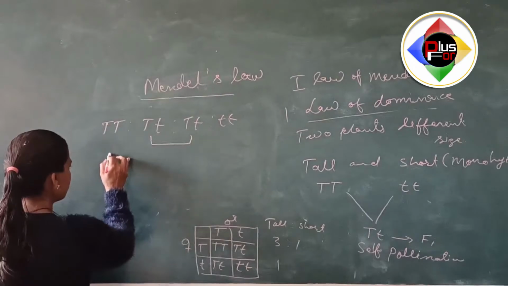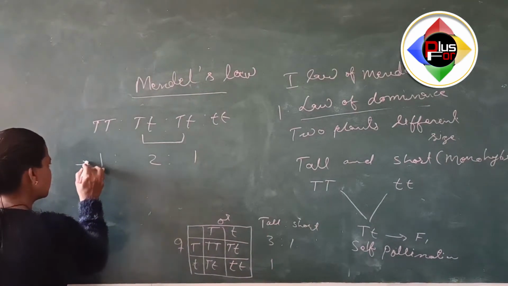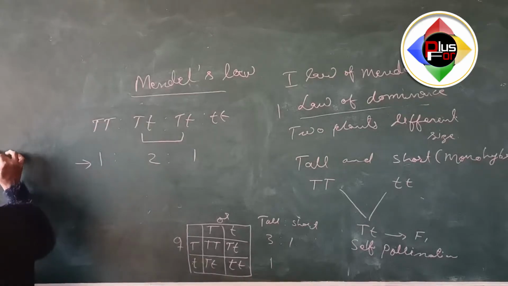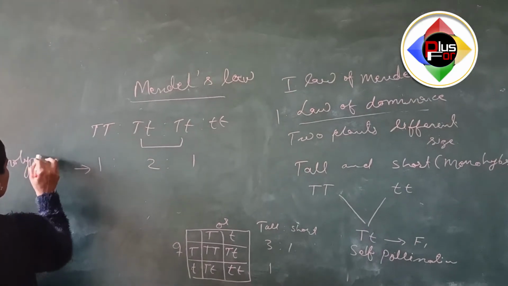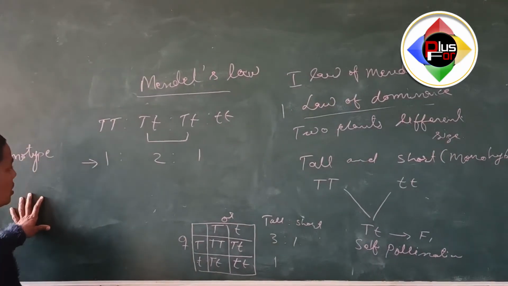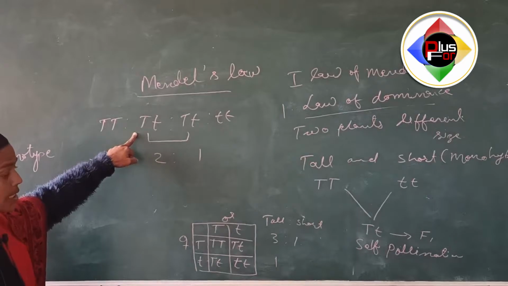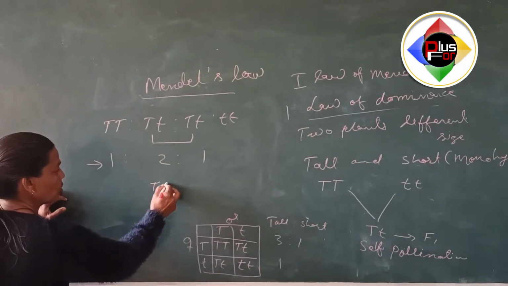From this table we can say 1:2:1. This is called the arrangement of genes, and it is the genotype structure of the F2 generation. Here T is dominant and the plant is tall.